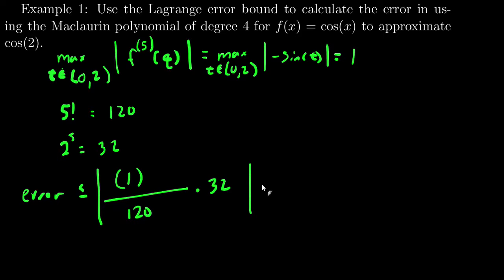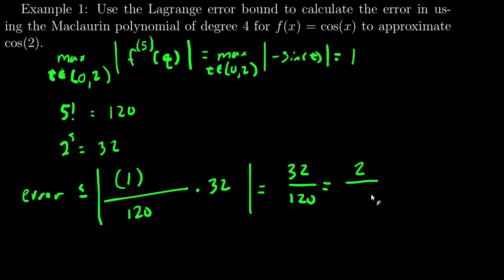We get that the error is less than or equal to 32 over 120. And let's reduce that down. So let's see. 120 has 16 in it. Is that correct? So I can divide both by 16. When I divide the numerator by 16, I get 2.